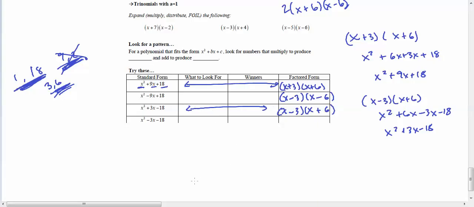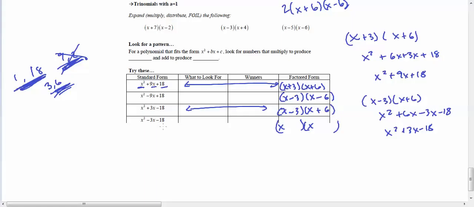All right, let's switch this up on you a little bit more. X, what do you think is going to go in here? 3 and 6, good. All right, we know it's going to be 3 and 6.